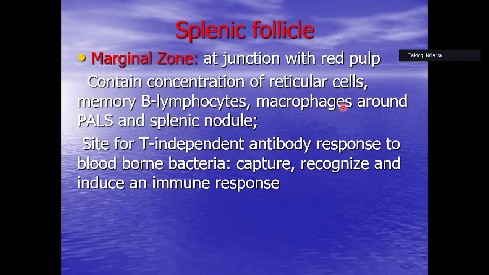So the marginal zone is actually the area where we have the presentation of antigens to the B lymphocytes and the T lymphocytes so that they can be activated. So it is the area where we have induction of immune response within the marginal zone.